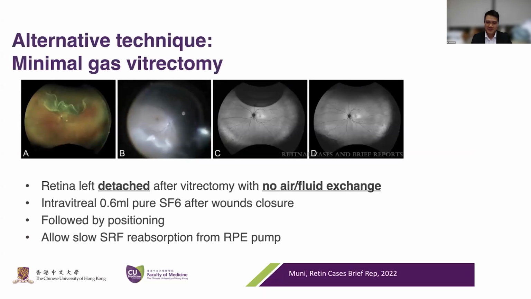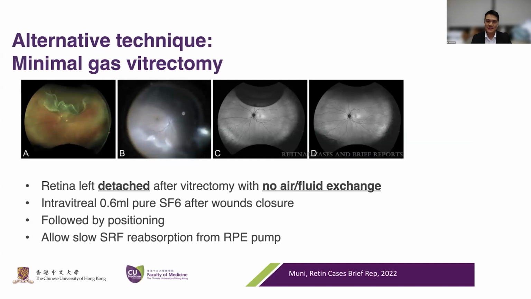And the PIVOT study group also proposed an alternative when you really need to perform vitrectomy. For example, you feel that there is a lot of vitreous traction that cannot be addressed by buccal or pneumatic retinopexy. They propose that you can do a so-called minimal gas vitrectomy, whereby after performing the vitrectomy, you deliberately leave the retina detached with no air-fluid exchange performed.